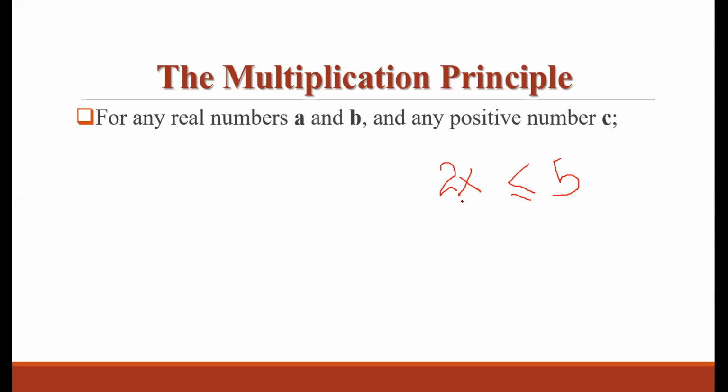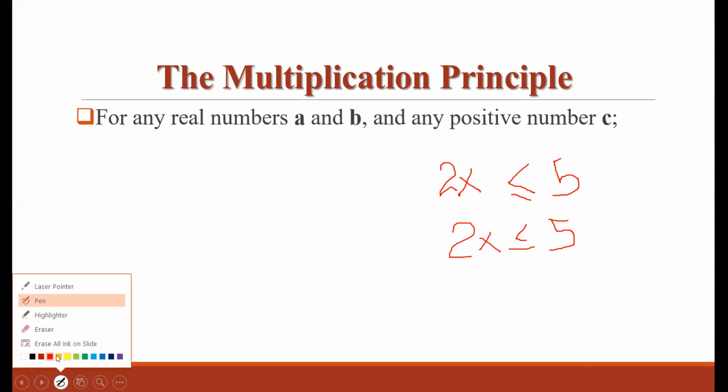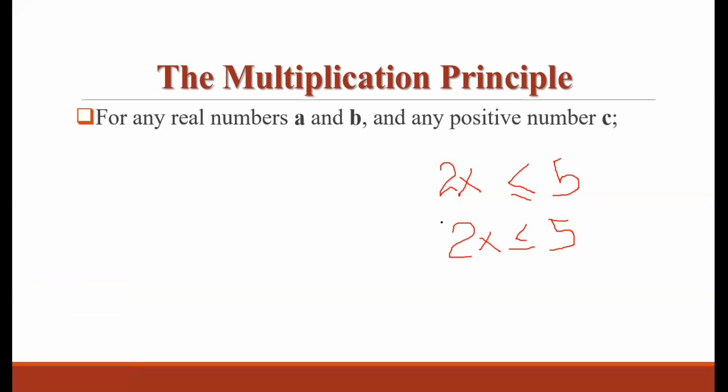So the multiplication principle that we are talking about is that when you have this inequality, 2x less than or equal to 5, and you're multiplying it by any value, let's say you're multiplying it by 3, it means you're also going to multiply this by 3. This is the multiplication principle that we are talking about.